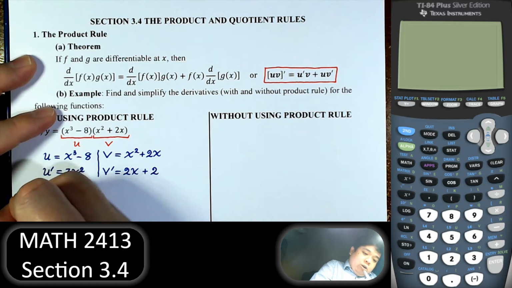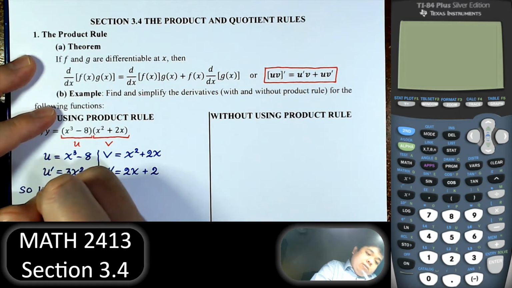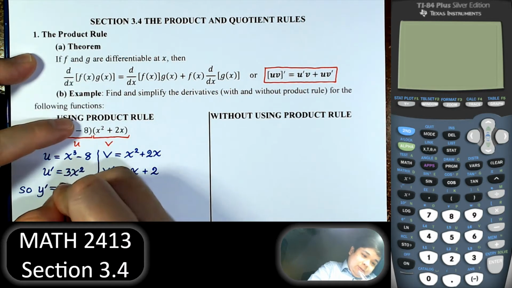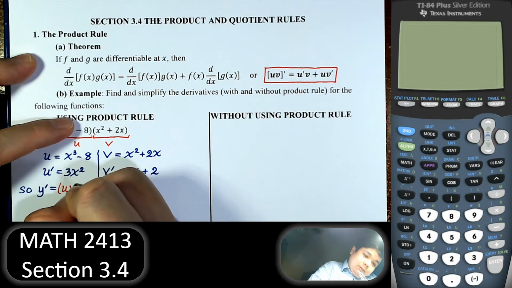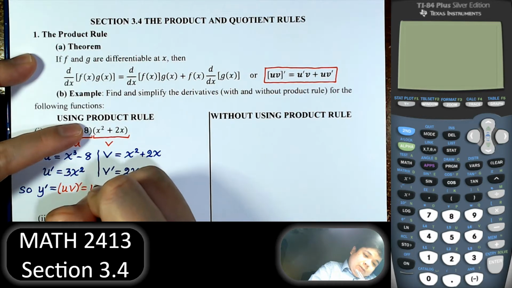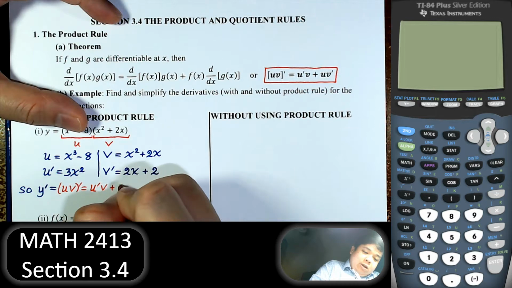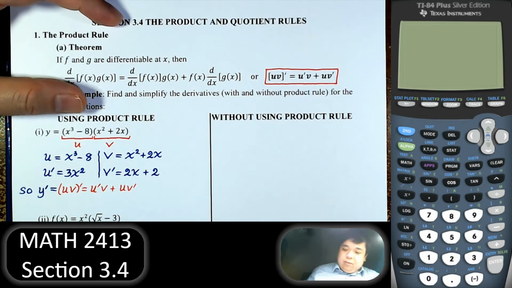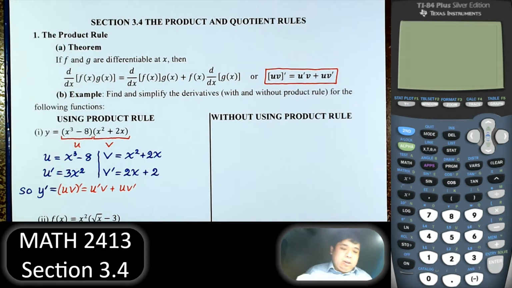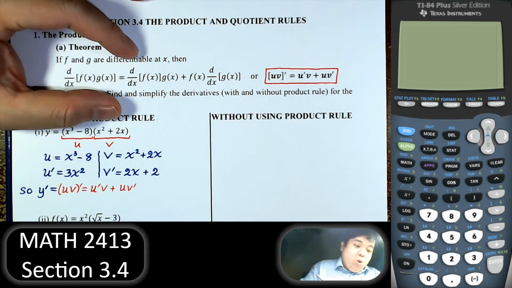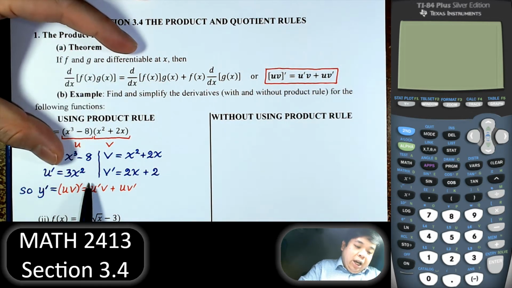And this is y. So if I want y prime, it is going to be the derivative by the product rule: u prime v plus u v prime. I should have more space, or I need to write smaller.